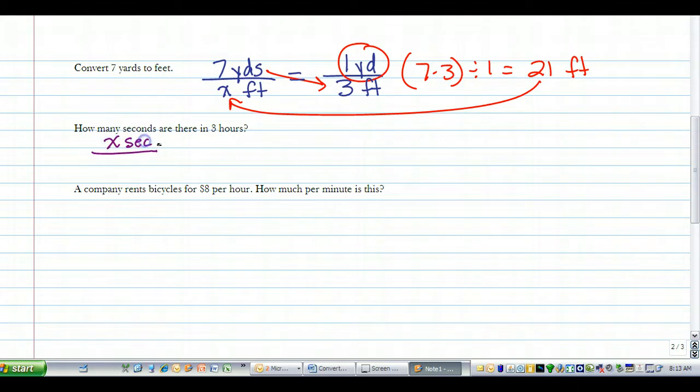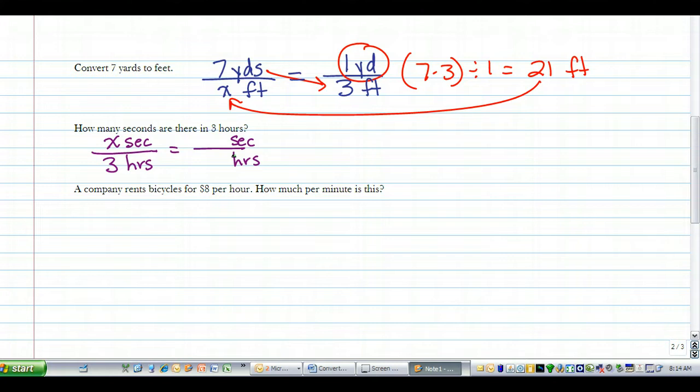And let's write seconds in 3 hours. Okay. So I have to have seconds on top here, and I have to have hours on the bottom. So you have to say, well, how many seconds are there in an hour? Yikes.